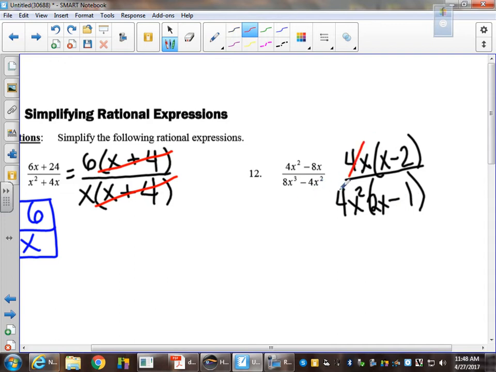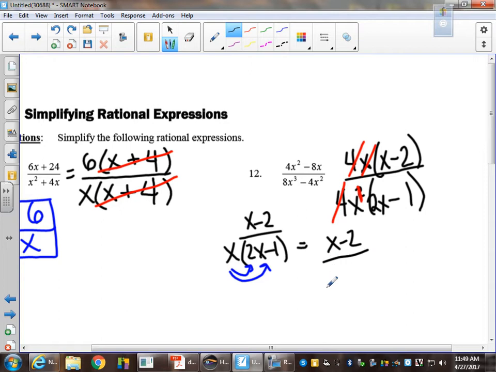We can cross off the 4s. We could also take an x from each. So we're left with x minus 2 over x times 2x minus 1. We then have to distribute this x back in. So we get x minus 2 over 2x squared minus x. And that's our final, most simplified version.